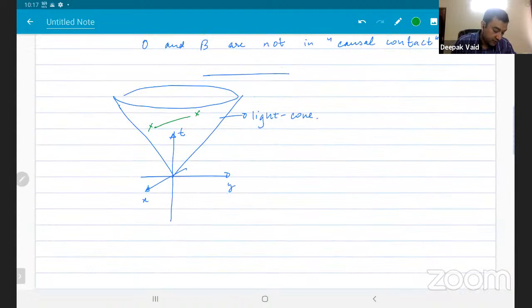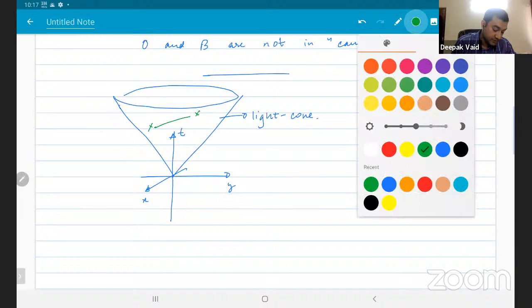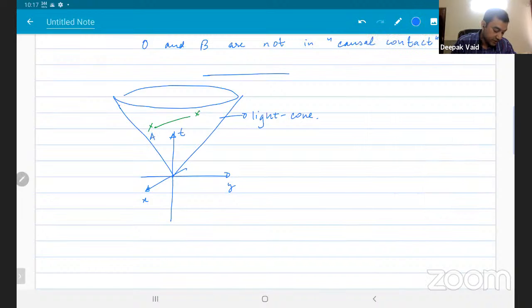If I want to talk about some other point, let's say this other point A or this other point B, then I have to draw the light cone of A. And the light cone of A looks like this. What about the light cone of B? The light cone of B looks like this.